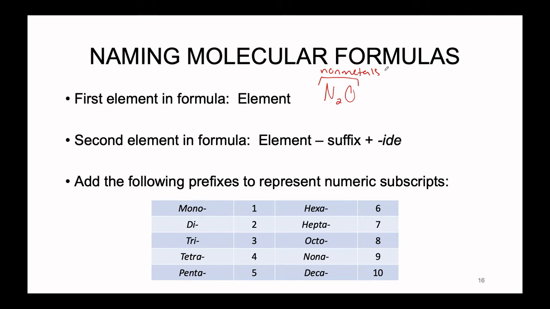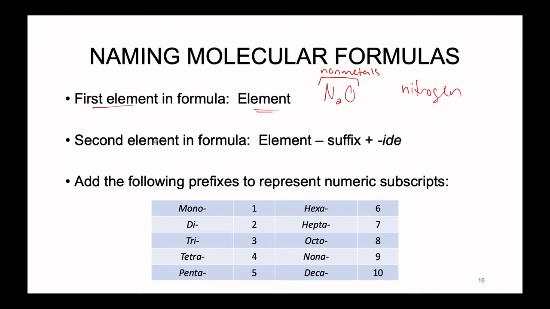So we're just putting a pin in how it looks. We can still name the compound based off of the formula present here because we know how many of each element need to be present. All right, so nitrogen. Our first rule says that the first element in the formula just gets its element name, nitrogen.